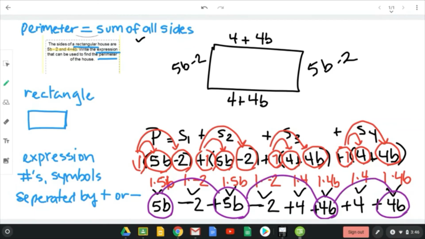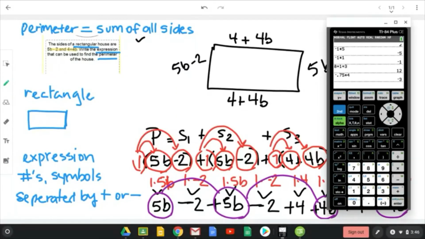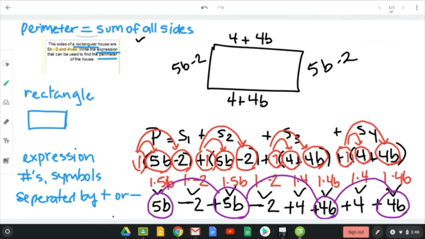I'm going to use my calculator to add these up: 5 plus 5 plus 4 plus 4. And I end up with 18b. I'm going to write it up here because I'm running out of space.